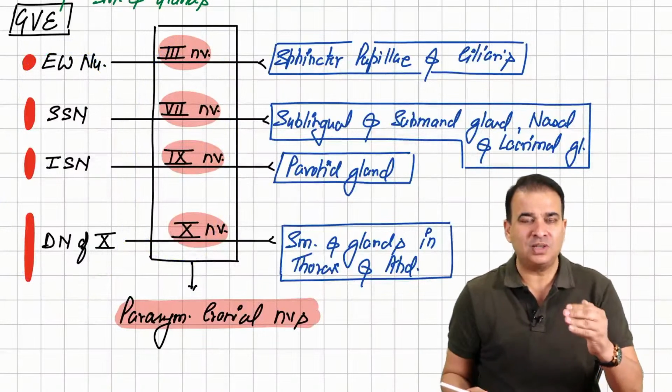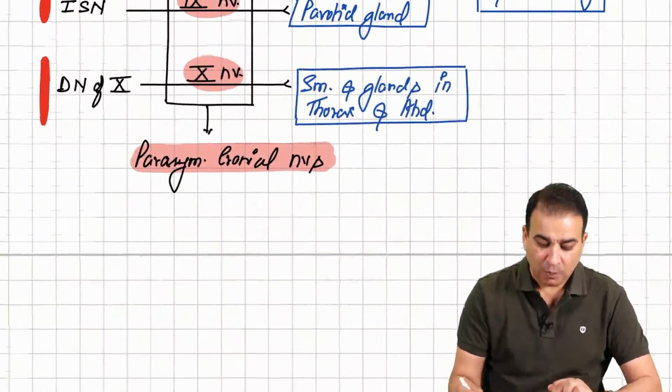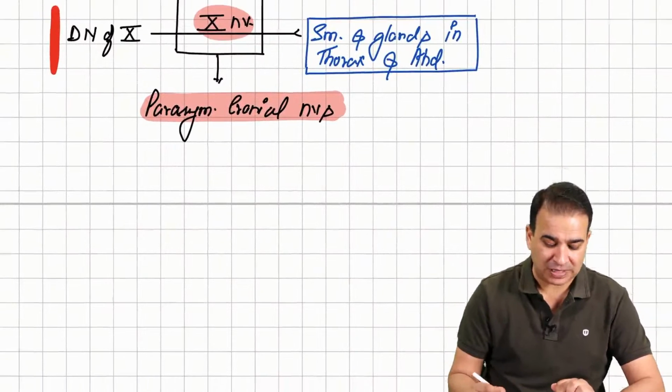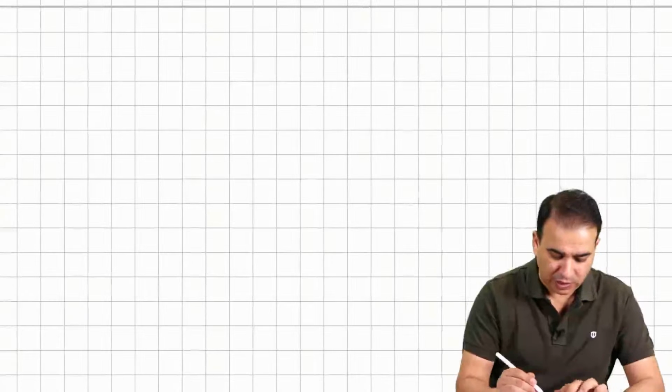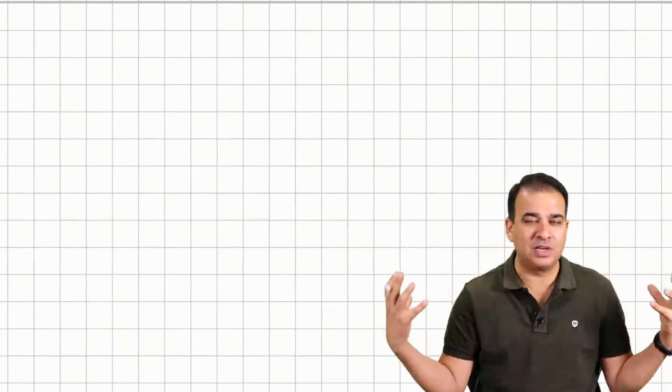And they took this question one step forward when it was asked in the INI exam: parasympathetic outflow is by what nerves, guys? When I say outflow, there are 2 types of autonomic nerves coming out of the central nervous system.